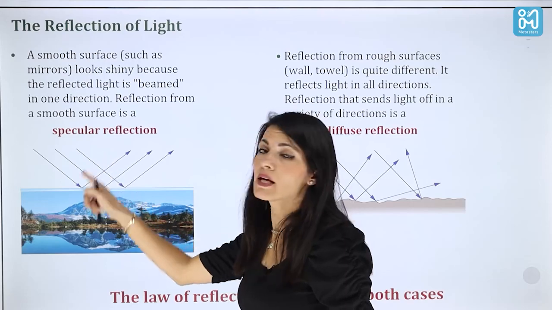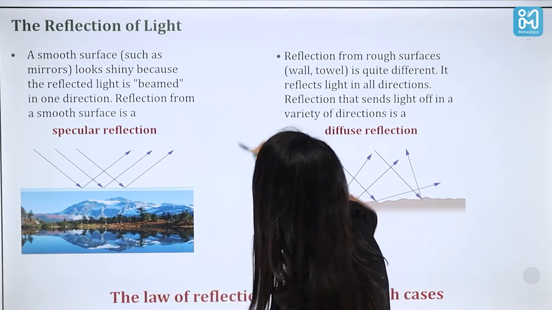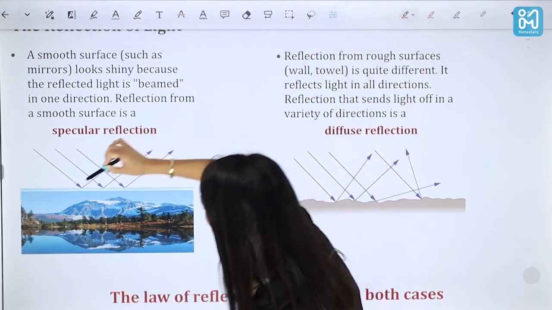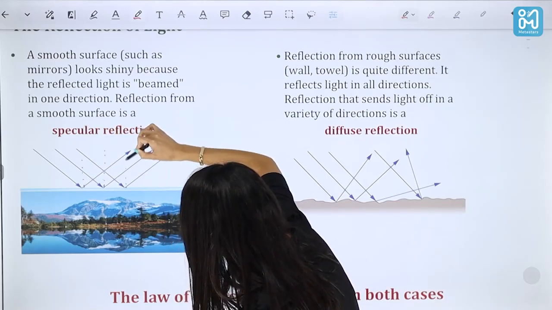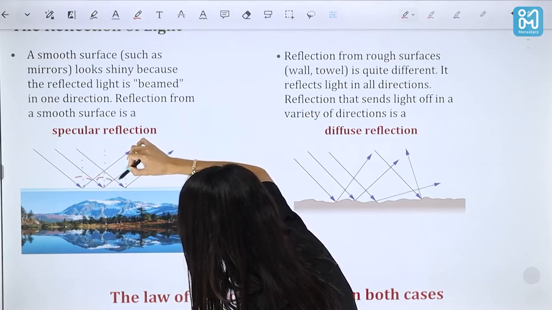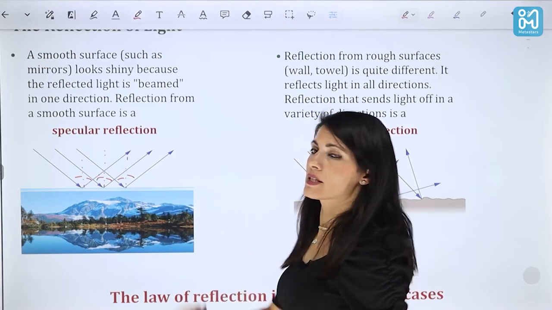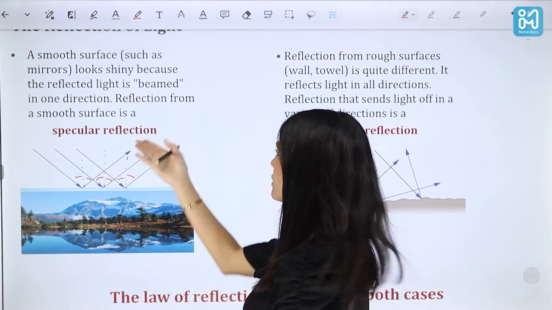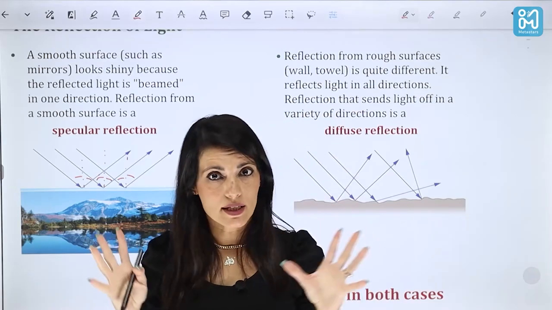Each of the light rays is following the law of reflection, meaning if I draw a small sketch, look, if I do the normal in here, and the normal in here, and the normal in here, in all cases I will have theta incident equal to theta reflected. Okay? So when all the light rays are reflected parallel to each other, then we say that the reflection is specular and we can actually see a clear image.